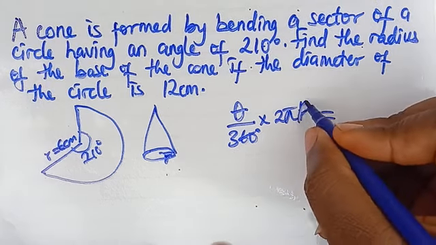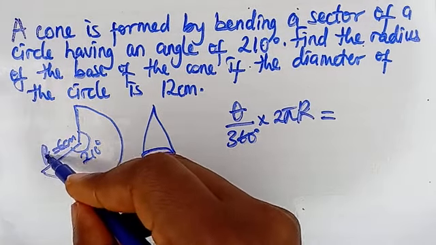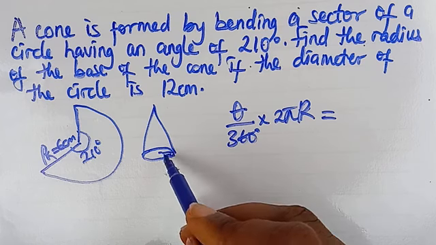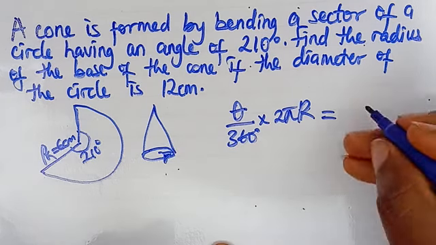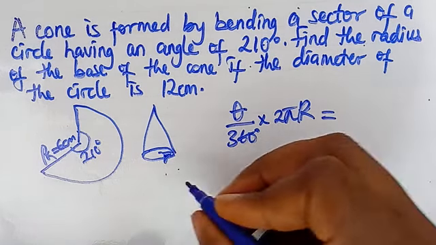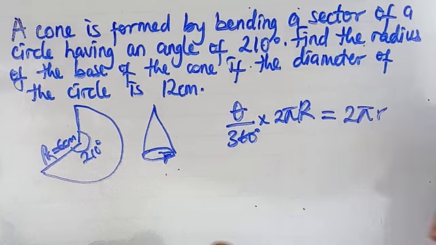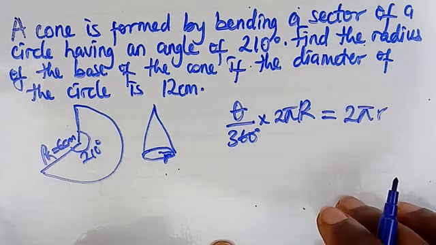Let's use big R to represent the radius of the circle, and small r to represent the radius of the base of the cone. So it's equal to the circumference of this base, 2 pi r. You understand it, right? Good.